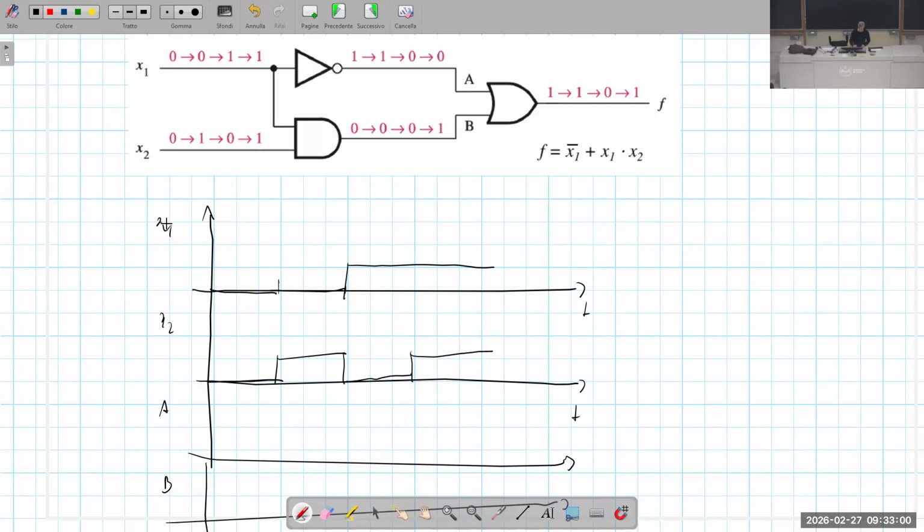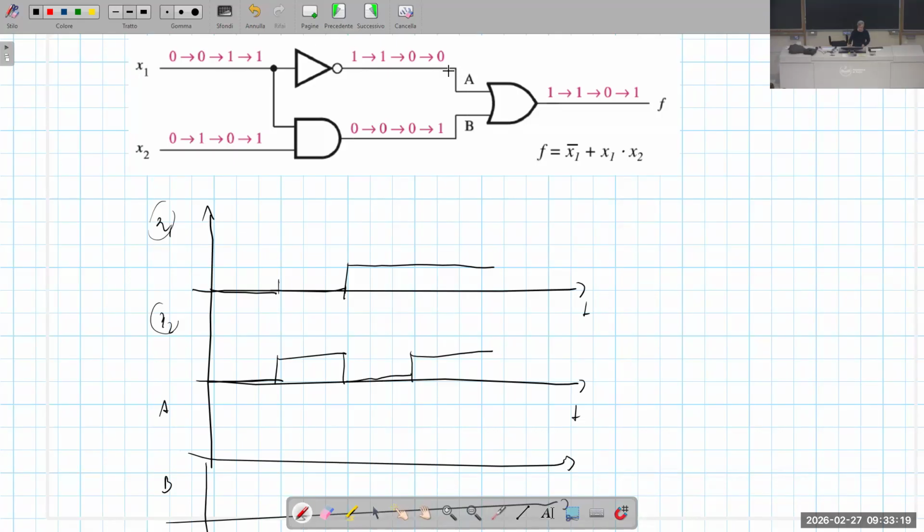Step by step, based on the values of x1 and x2, we can evaluate the signals A and B. For instance, if x1 and x2 are both 0, what about A?